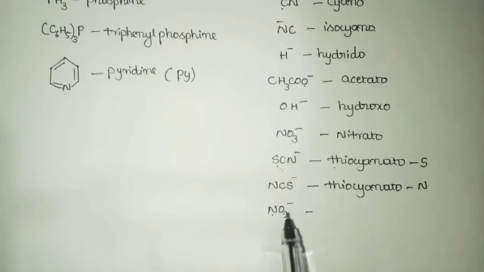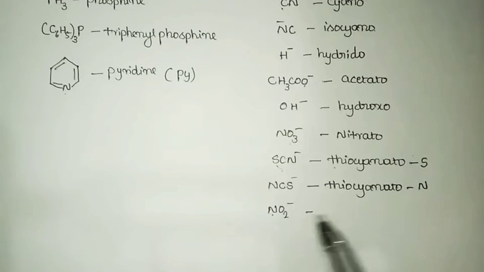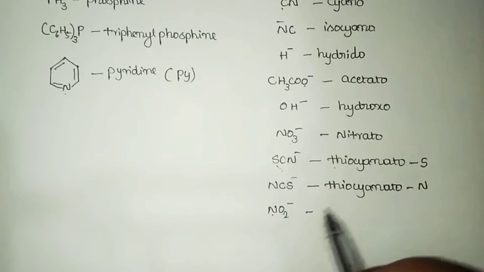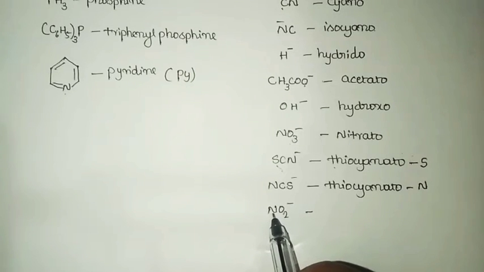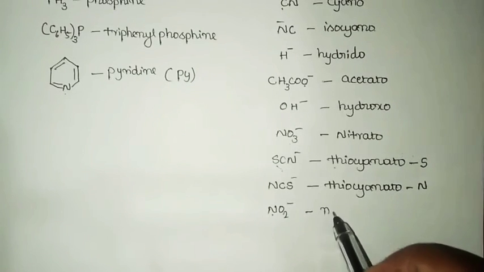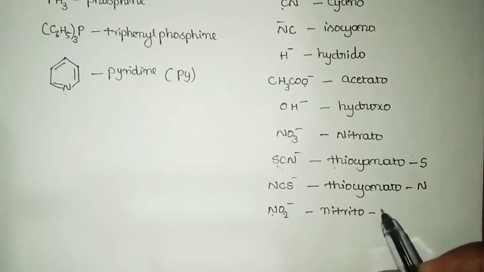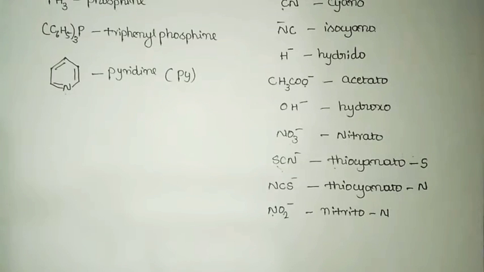Depending upon which atom of this particular group is acting as the ligating atom, the names of those ligands will change. So for example, if we have written the formula as NO2 minus, then that indicates the ligating atom is nitrogen. Then we should call it nitrito, and the ligating atom is N.